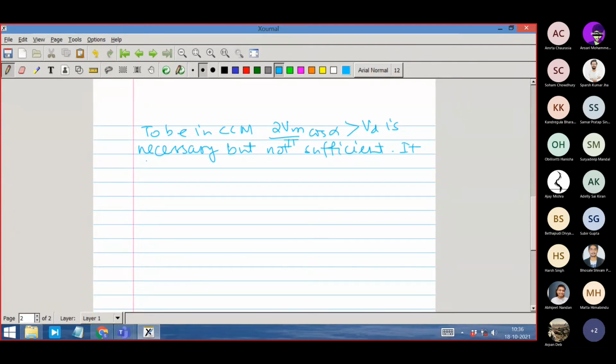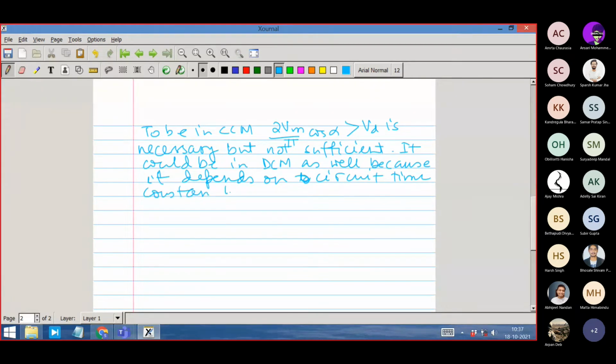It could be in DCM as well, because it depends on the circuit time constant L by R. Obviously, more L is likely to produce a larger time constant. More L is likely to produce the CCM situation. Clear? Have I told it unambiguously?